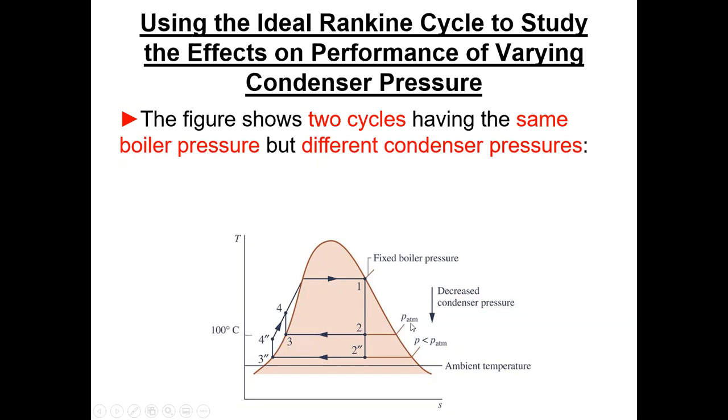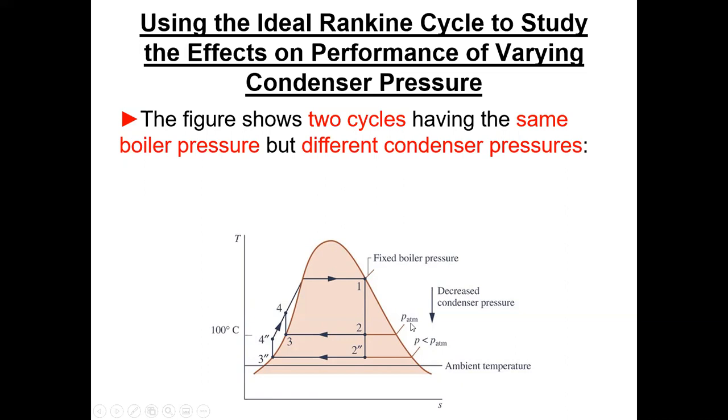Well, let's say we figure out somehow we can modify our cycle and drop condenser pressure, which would drop condensing temperature. We know that if we reduce the average temperature during the heat rejection and keep the rest of the cycle the same, that's going to help our efficiency.